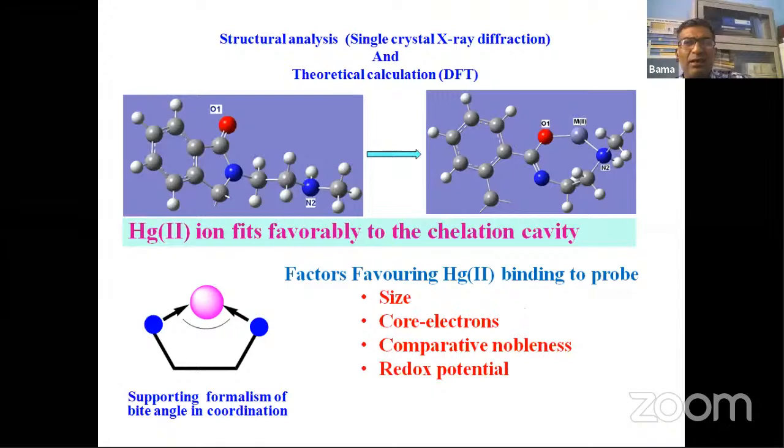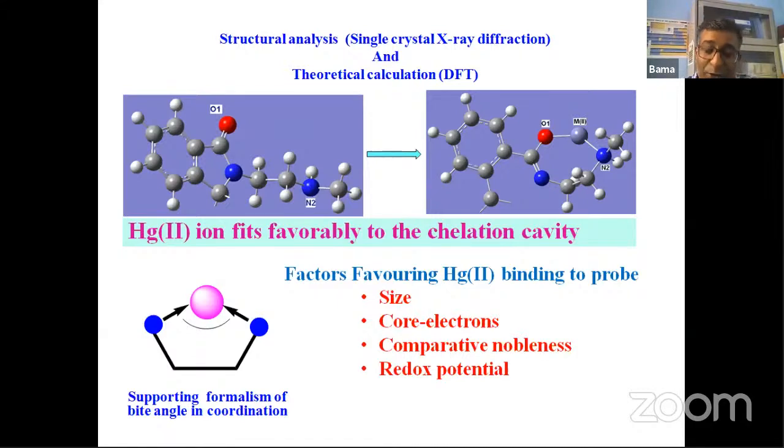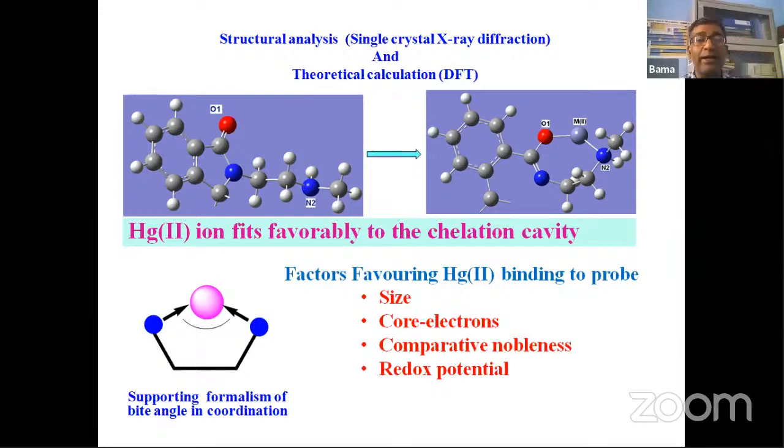So we found that there are various factors involved in that. First thing is the size effect, because if we go through the Martell-Hancock theory, if the bite angle is more, then it binds to a metal ion which is having a smaller radius. If the bite angle is less, it binds to a metal ion having a higher radius, I mean higher in size.